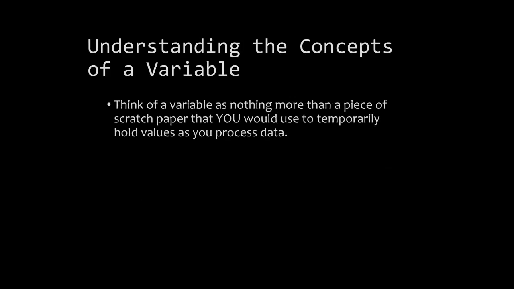So again, what's a variable? Sometimes people have a hard time with the concept. A variable is a term that basically means space. It's space on a computer in which the computer is going to hold a value. I look at it as nothing more than a piece of scratch paper.